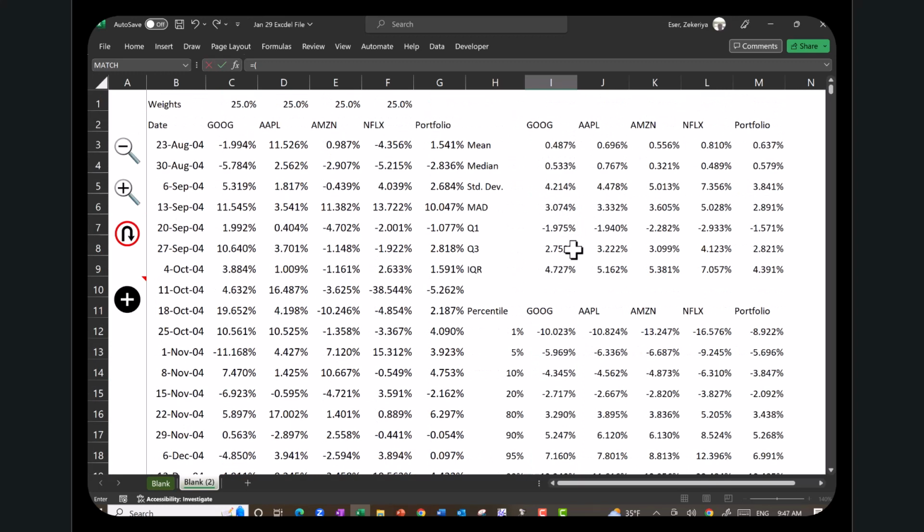Here's my Q3 right here, plus Q1 minus 2 times the median, the whole thing divided by the IQR.